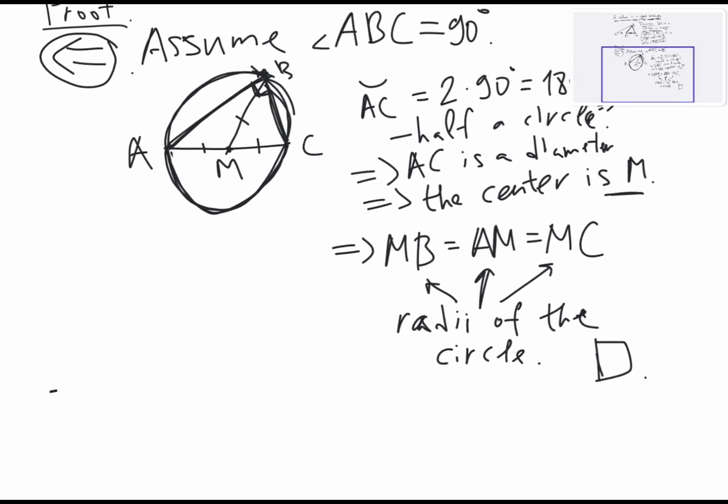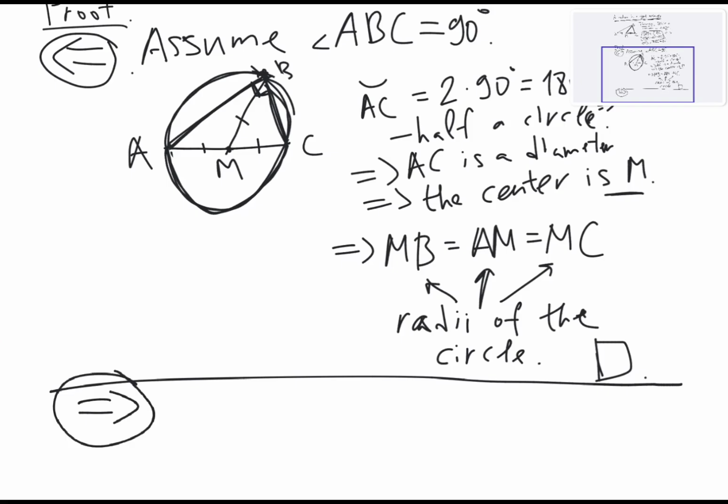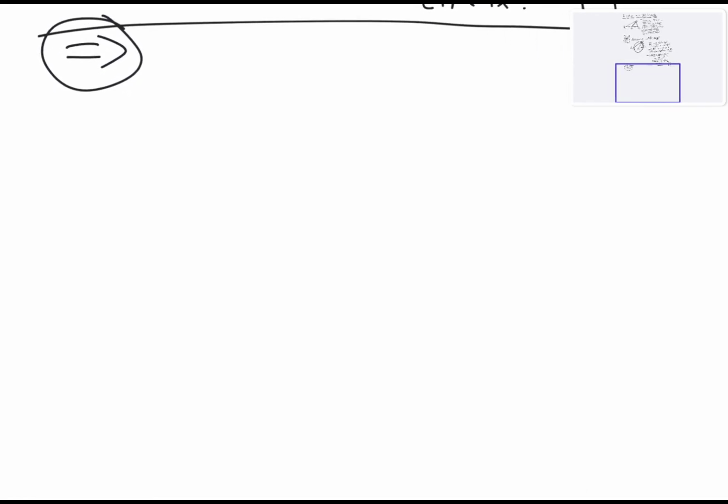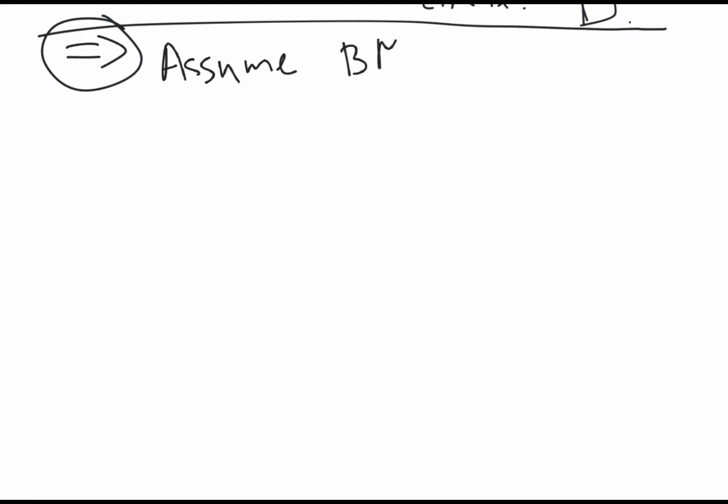Okay, so now let's prove in the opposite direction. So now we assume that BM is equal to AM is equal to MC, and we need to prove that it's a right triangle.